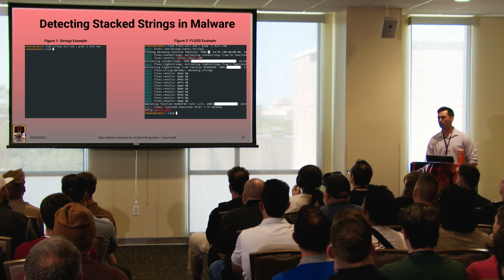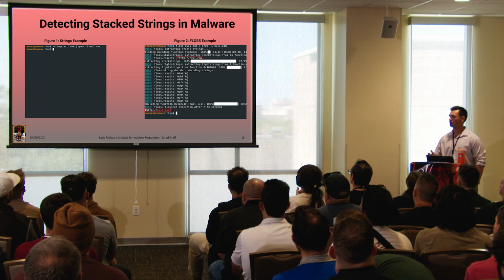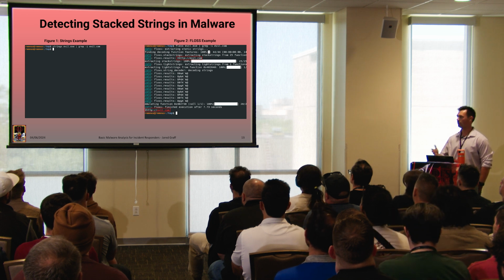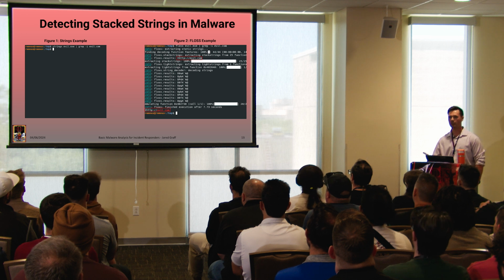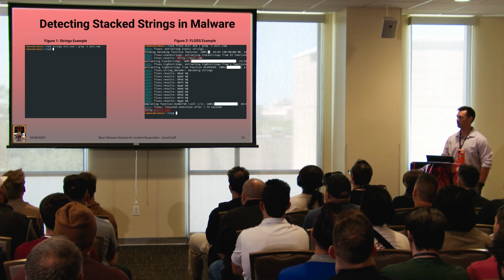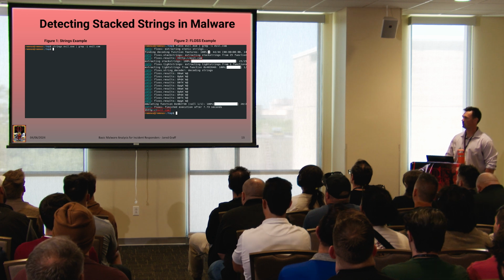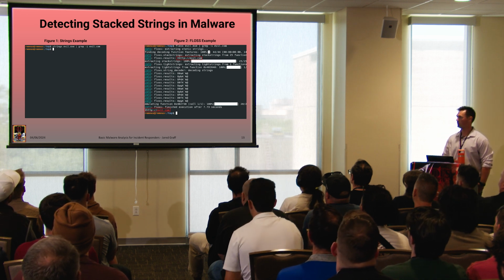For those that aren't familiar with grep, this is similar to the find command in Linux, where you're looking for a string in a file. I'm using the -i option, which is just case insensitivity, so if evil.com was capitalized, it would still detect it. And you can see there are no results. It was able to evade the strings utility.